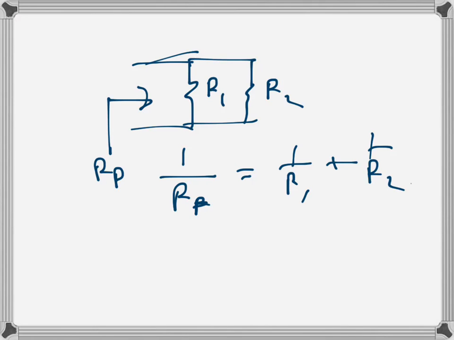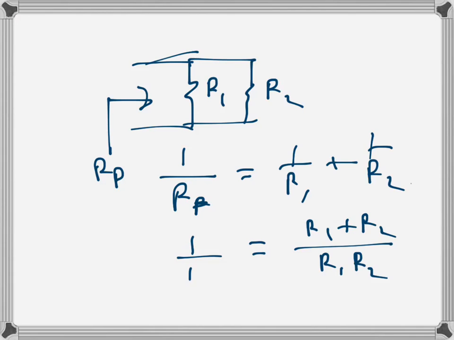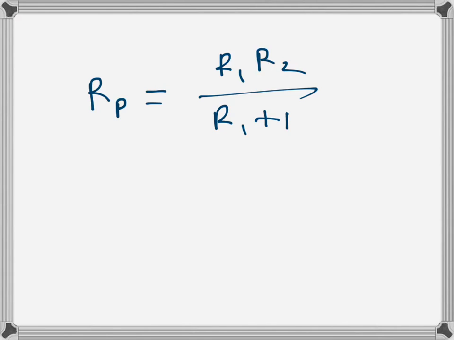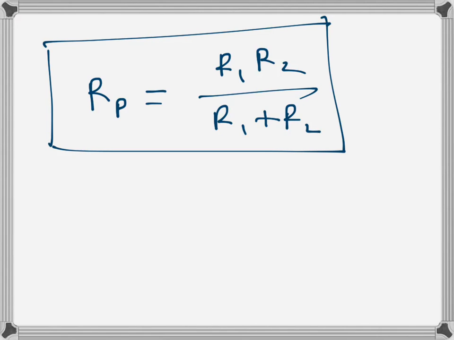It's the same formula, but here Rp becomes R1 R2 over R1 plus R2. This is something we try to remember, because we often have to find the equivalent resistance of two parallel resistances, and this is the formula we directly use for that case. So this is, of course, just for two parallel resistances.